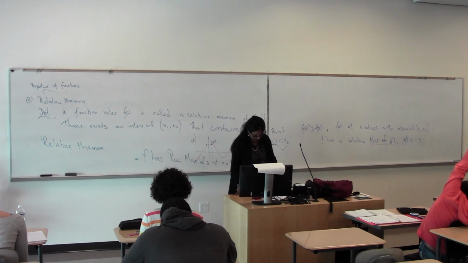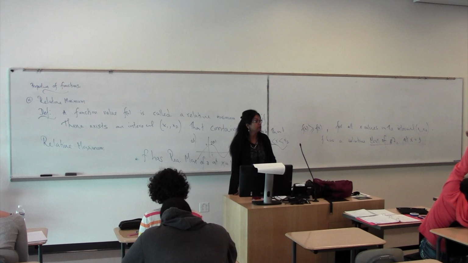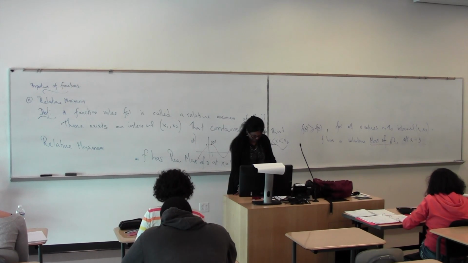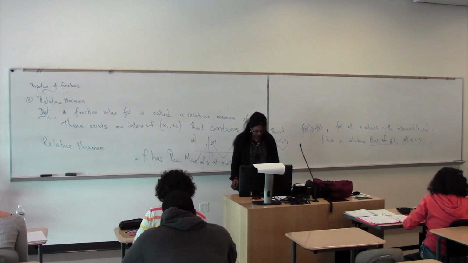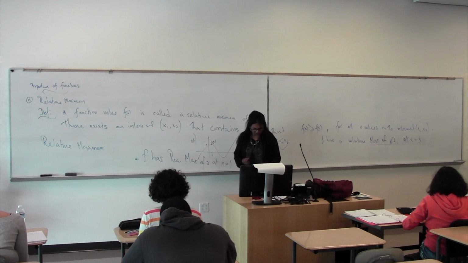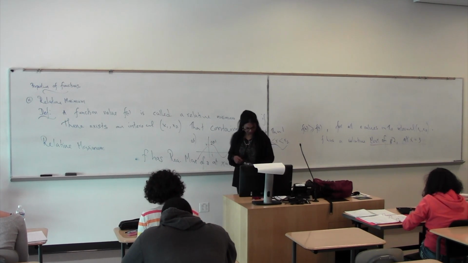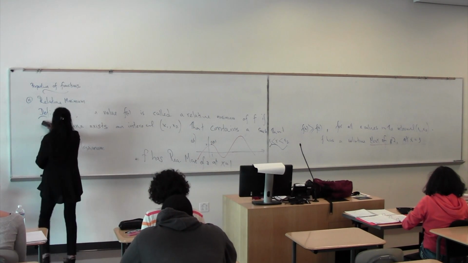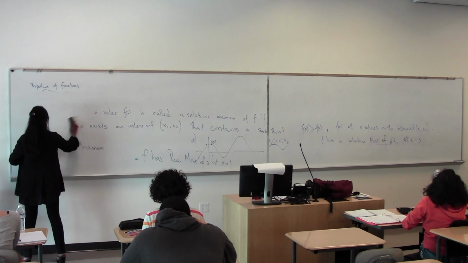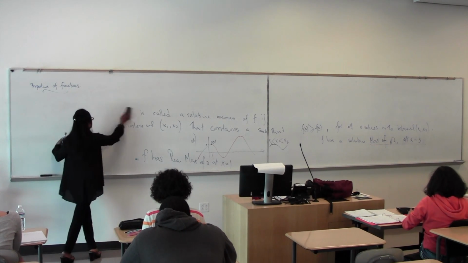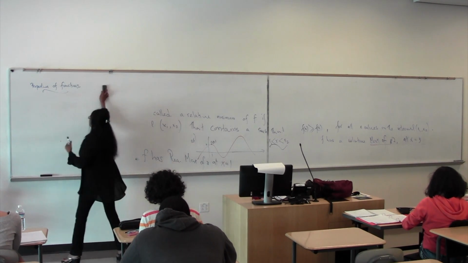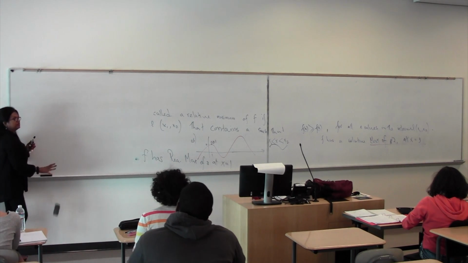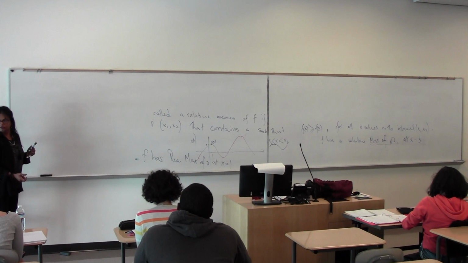You guys know how to do odd and even functions, right? We did some examples. Let's do a couple more examples. This is from last class meeting. So how many properties of functions have we discussed? 11. All these questions are on the test. Okay?